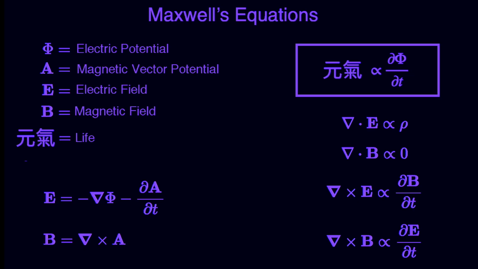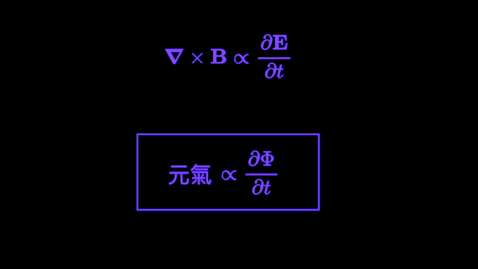Or if you read the Christian New Testament in the original Greek, they use the words psyche and Pneuma to indicate the life energy. It's what your soul is made out of. It's induced by a time-varying electric potential. Just like a magnetic field is induced by a time-varying electric field, the life energy, or Pneuma, or Prana, is induced by a time-varying electric potential.